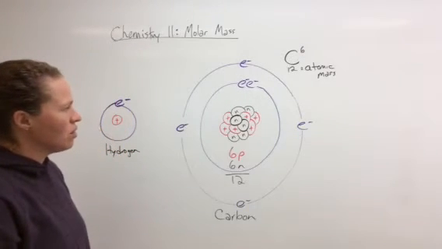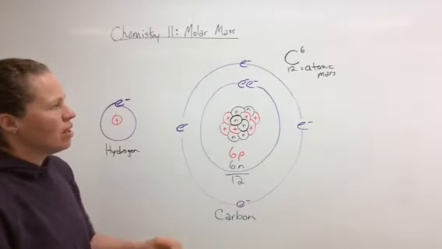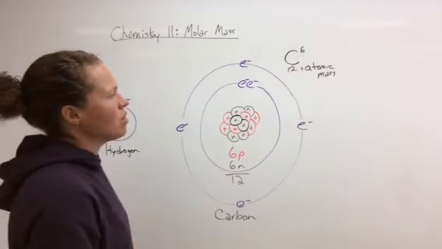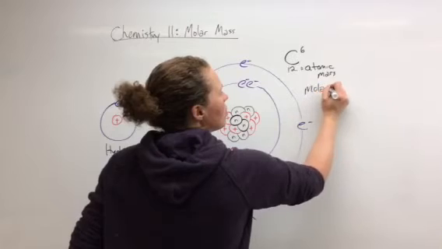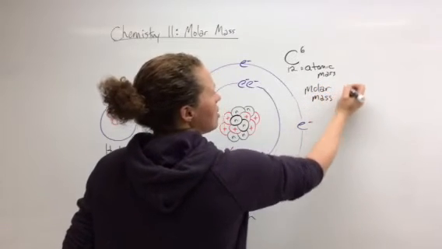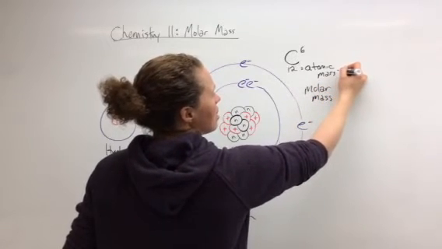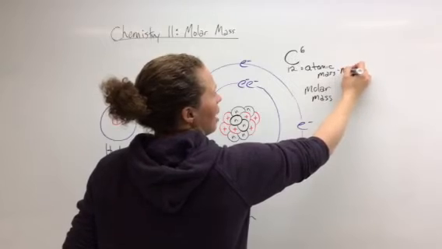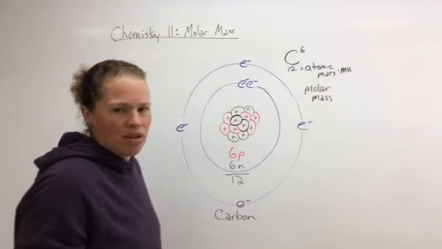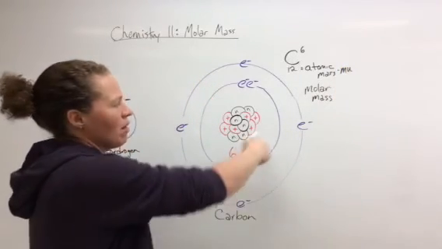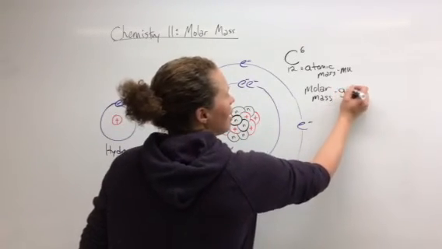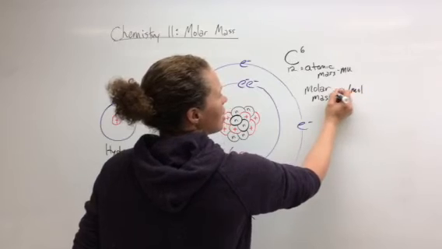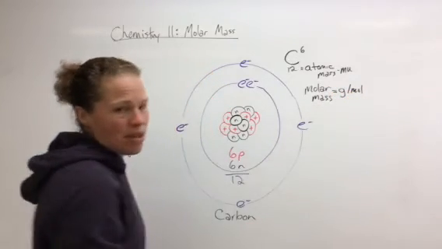What we're trying to do is recognize that the atomic mass is also equal to what we call the molar mass. It's just that the atomic mass uses mass units. They're just basically saying, yeah, I'm going to count these things. And the molar mass is grams per mole. So it's actually counted in grams.